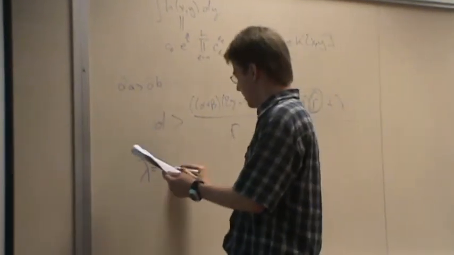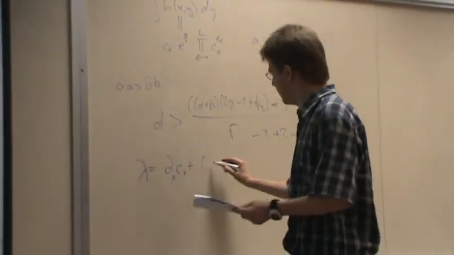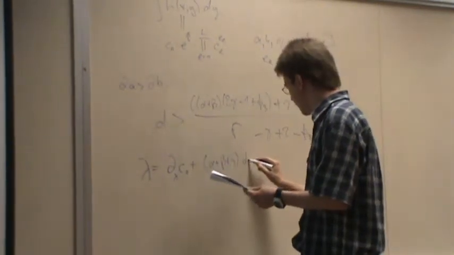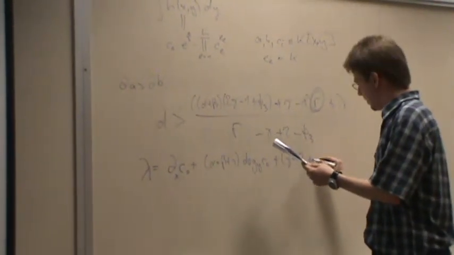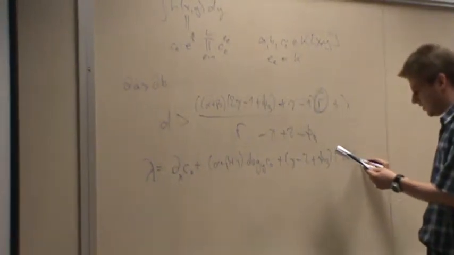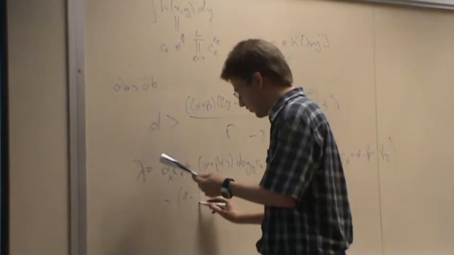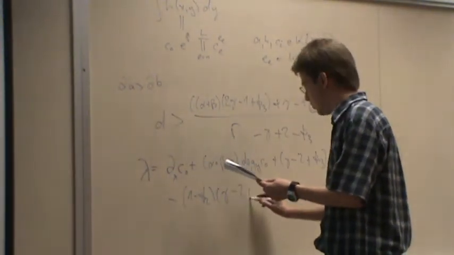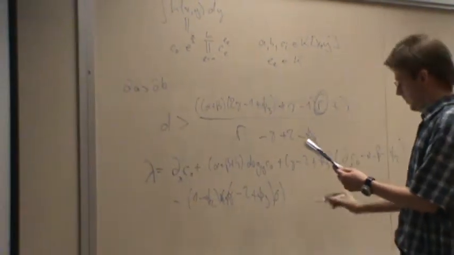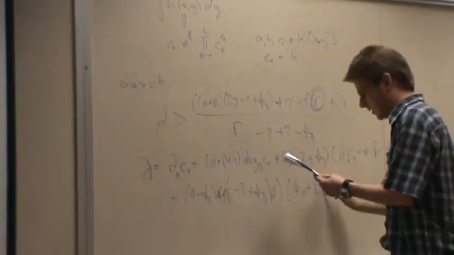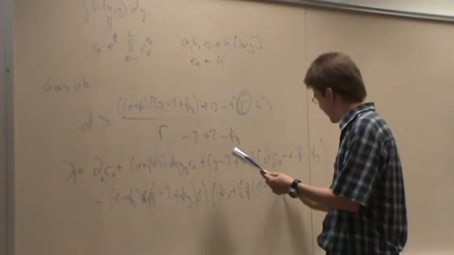Lambda is the degree of C0 in x, plus alpha plus beta plus 1 times the degree of C0 in y, plus gamma minus 2 plus phi 3 times the degree of C0 in x, minus alpha minus beta minus phi 2, minus 1 minus phi 2 times gamma minus 2 plus phi 3, the maximum of this and 0, times phi 1 plus 1/2 beta, where I'm lost, gamma minus 1 plus phi 3, but it's all relevant for the exam.